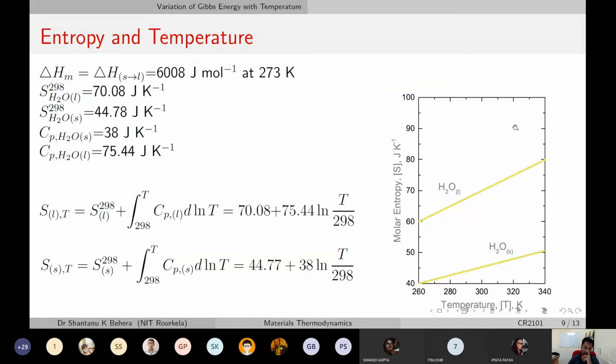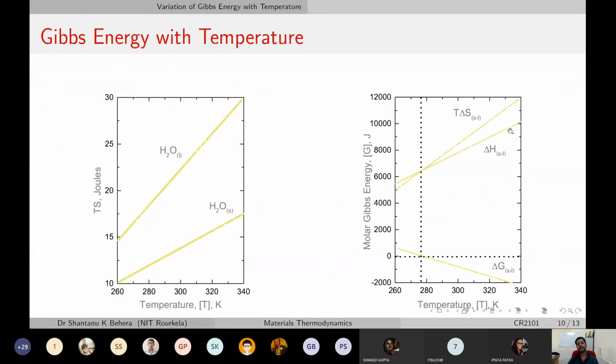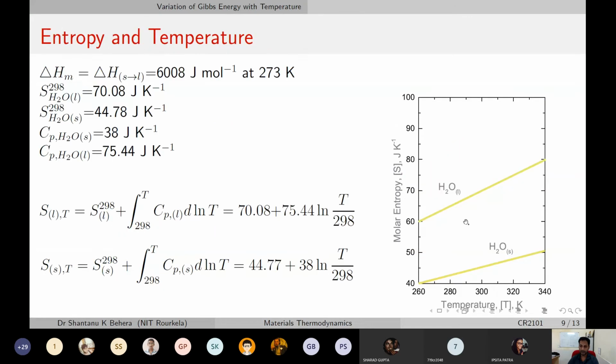Now, based on that, if you go back to the delta G curve or G curve, we have a term, G is H minus TS. If we go back to this entropy curve here, this is an entropy curve, not an energy curve. You look at the unit here: it is joules per Kelvin.